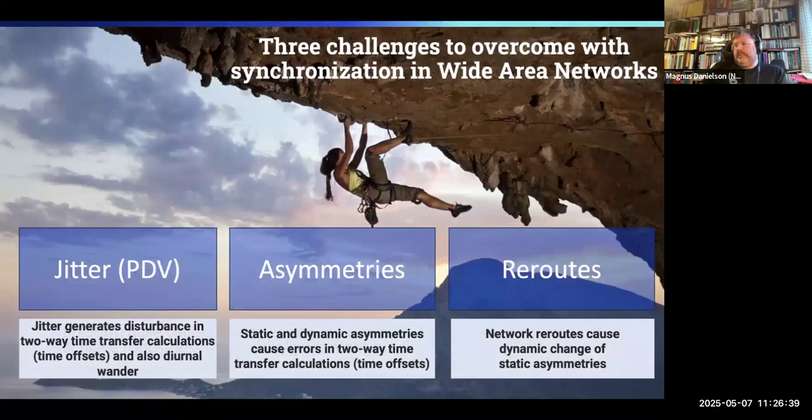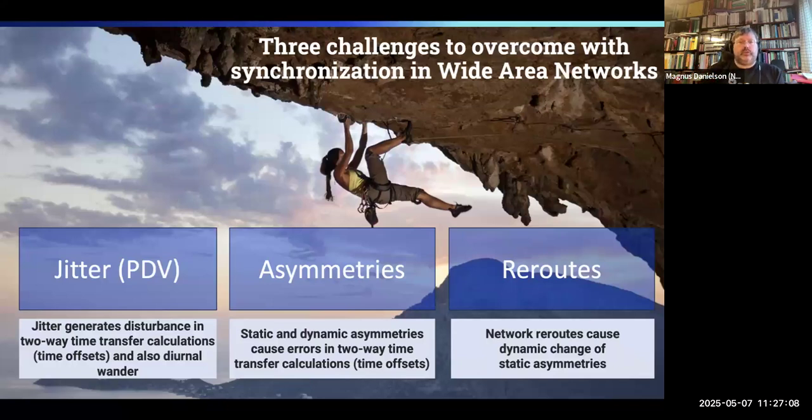But let me now go back to, okay, so when we go into the WAN, what are the challenges we have? Well, the obvious one, first of all, jitter. We already saw that before, and the jitter is the variation in the delay that comes from cross traffic, which is something you will see when you're in a network that does not support timing.